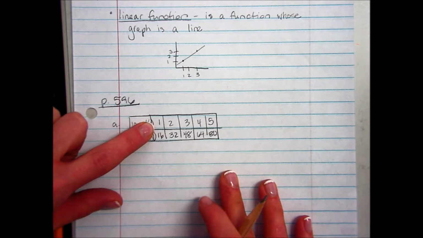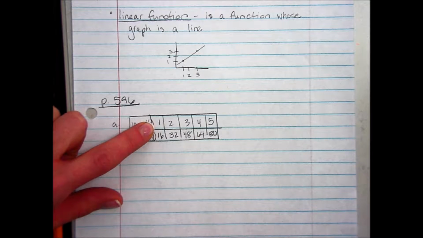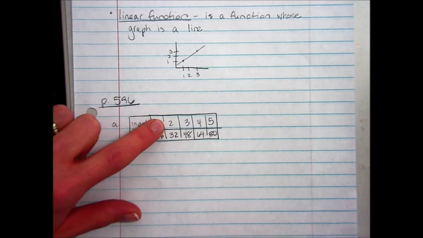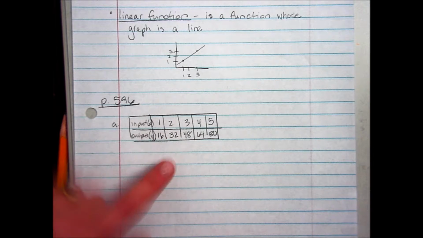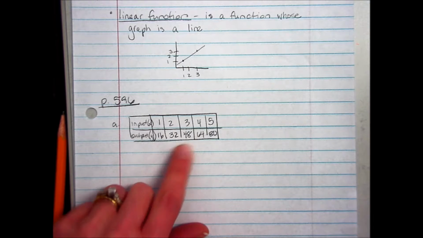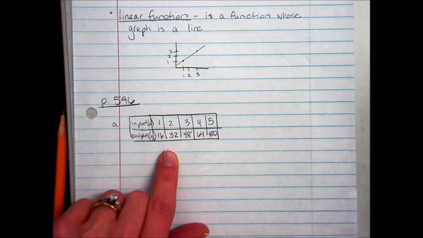So if we look at these numbers, we will find our pattern in order to find the function. I need to think to myself, how does the 1 become a 16? How does the 2 become a 32? And so on. Raise your hand if you can identify the pattern. Jay? You multiply by 16. All right, good.